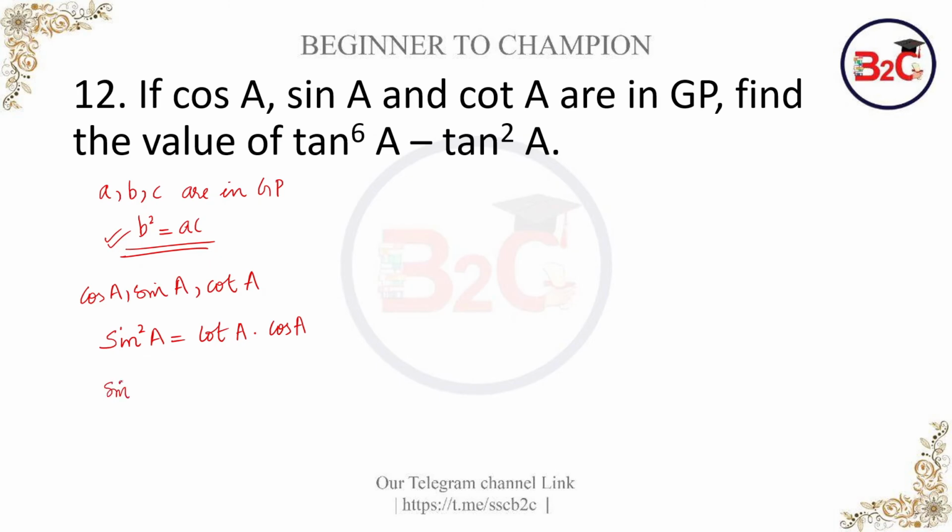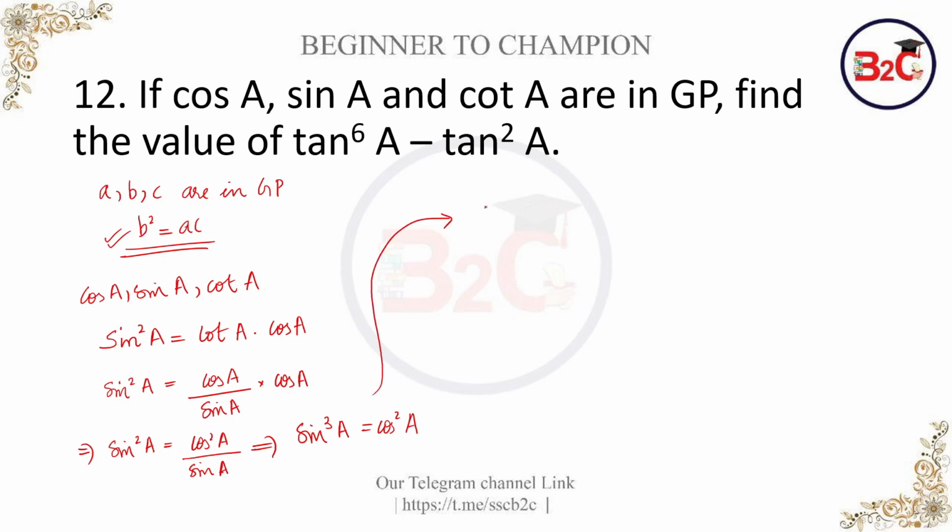So we get sin square A is equal to cos A by sin A into cos A. So this implies that sin square A is equal to cos square A by sin A. From here we get sin cube A is equal to cos square A.